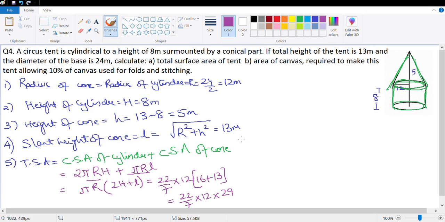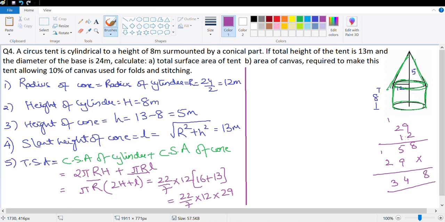We'll have to do this calculation. Let's just do it. So 29 into 12, that's 9 into 2, 18, 4 and 5. This is 9 and 2. This is 8, 9 plus 5, 14. This is 348.